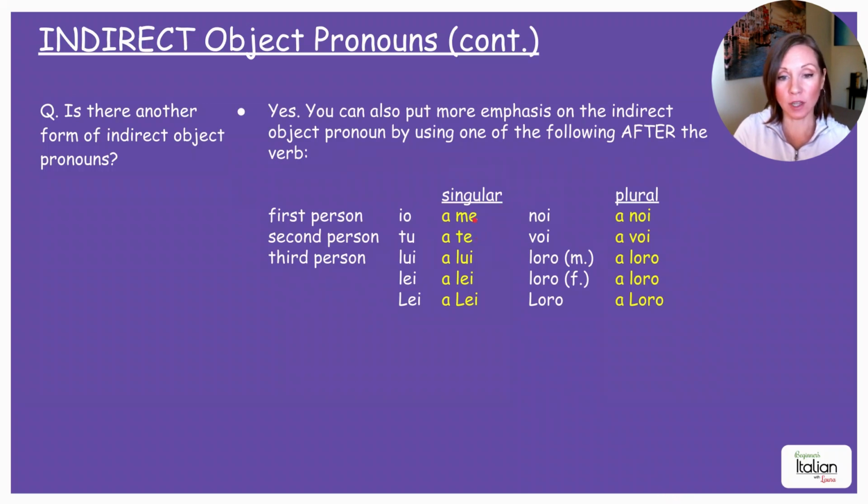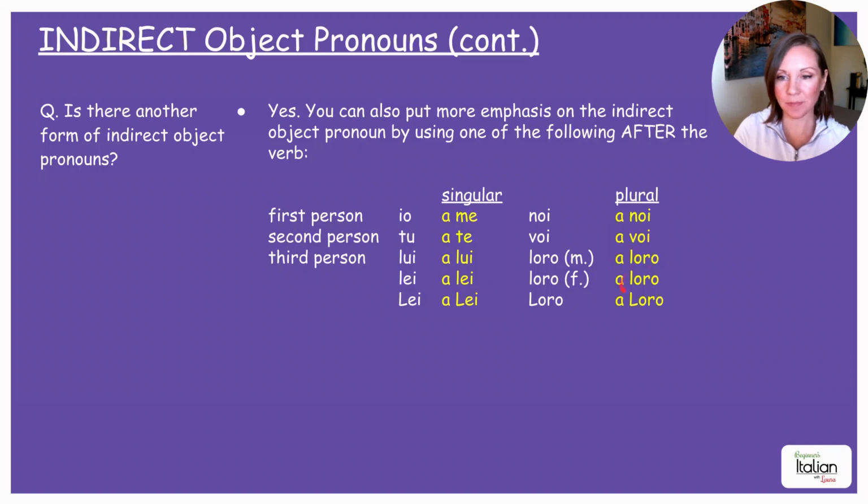So instead of mi and ti, we would use a me and a te. Okay, a me, a te, a lui, so to him, a lei, to her or to you formal. Then we have a noi, so to us, a voi, to you all, or a loro.